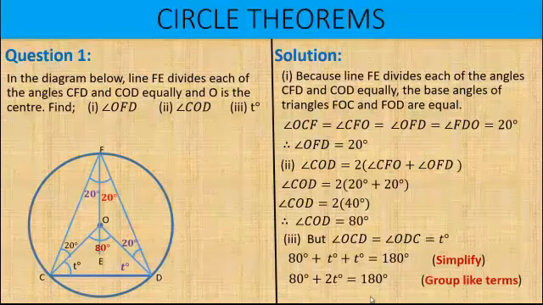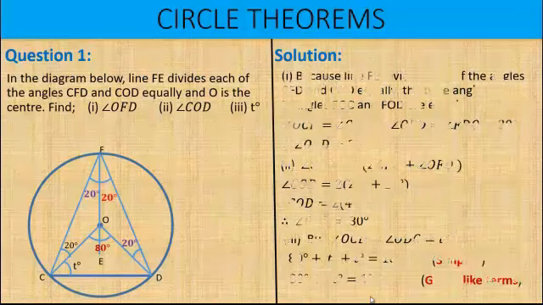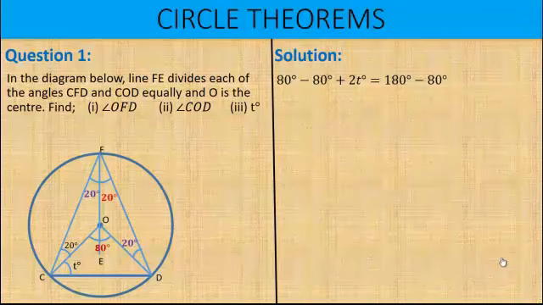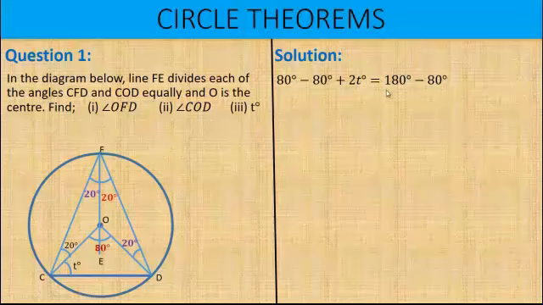And we have to group like terms. So we subtract 80 degrees from both sides of the equation so that we get 2t degrees at one side, and the other side we have 180 degrees minus 80 degrees to be 100 degrees.